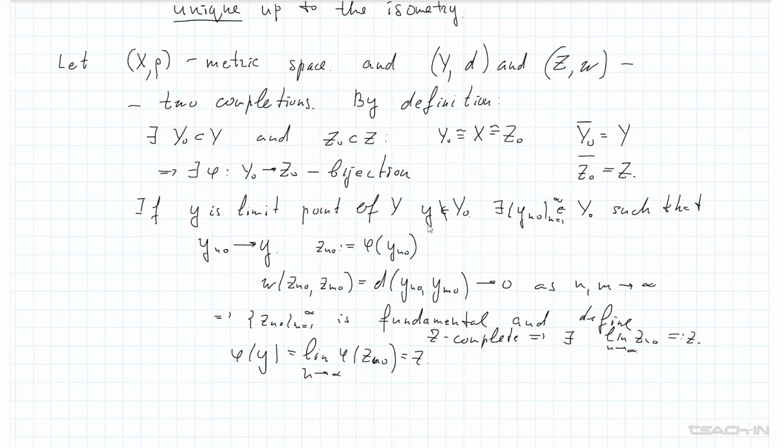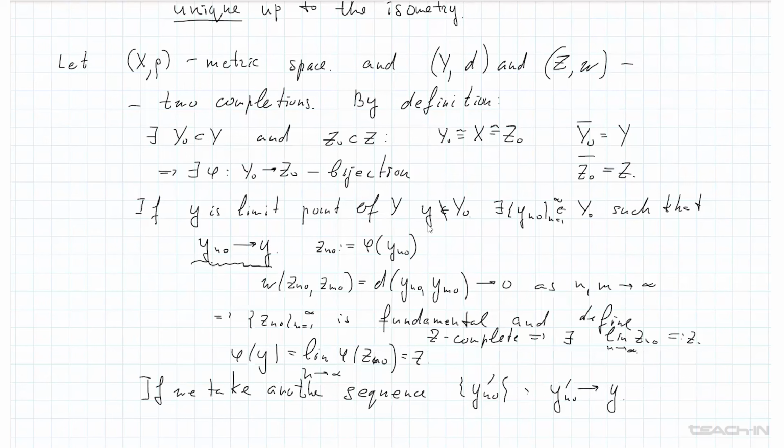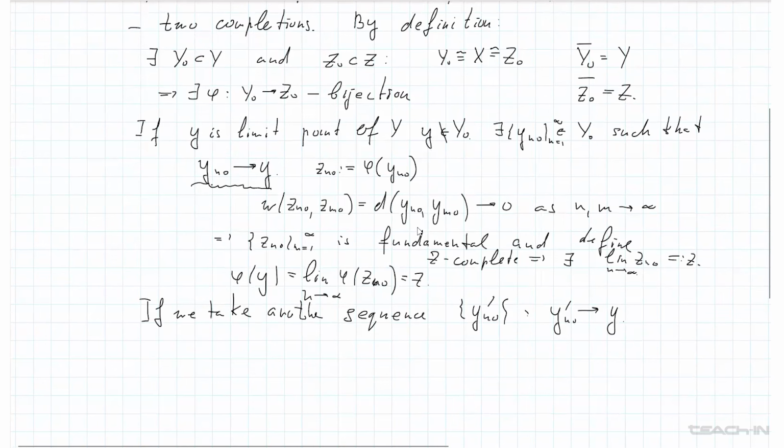And this construction is correct because if we take another sequence y_n' such that the distance tends to 0, then we can construct an intersection of these sequences, with the standard method.